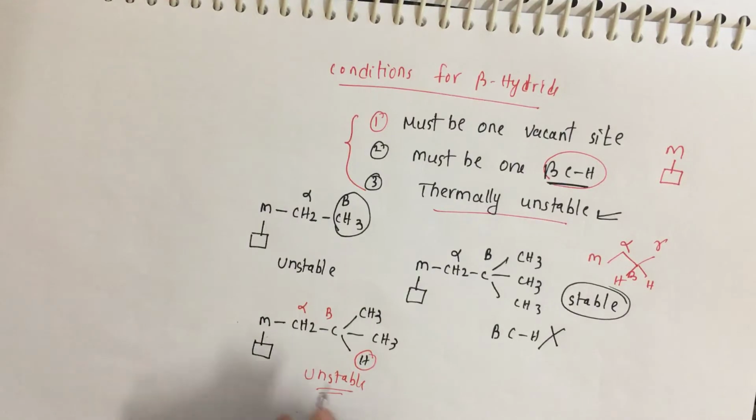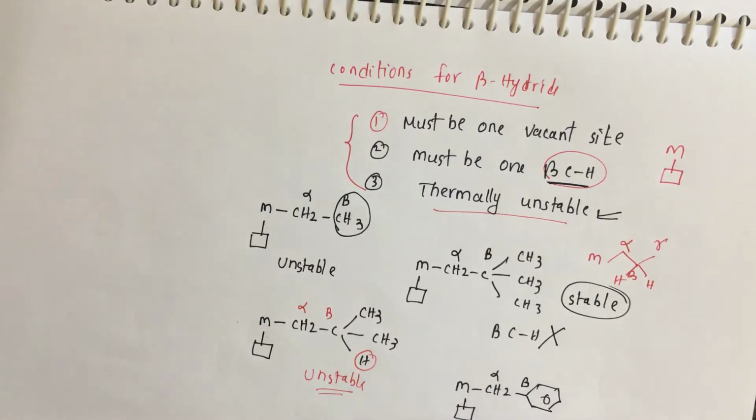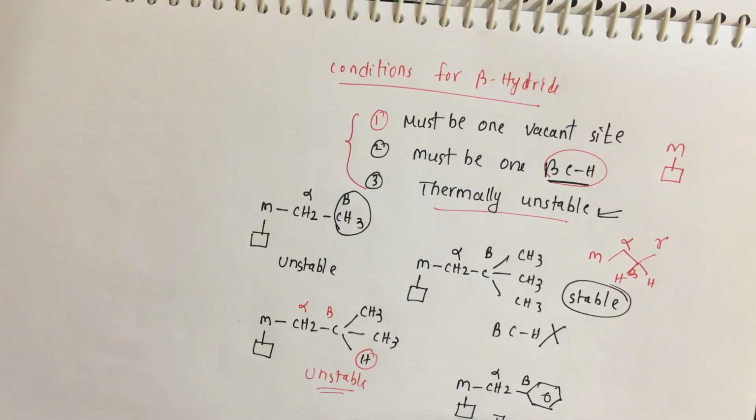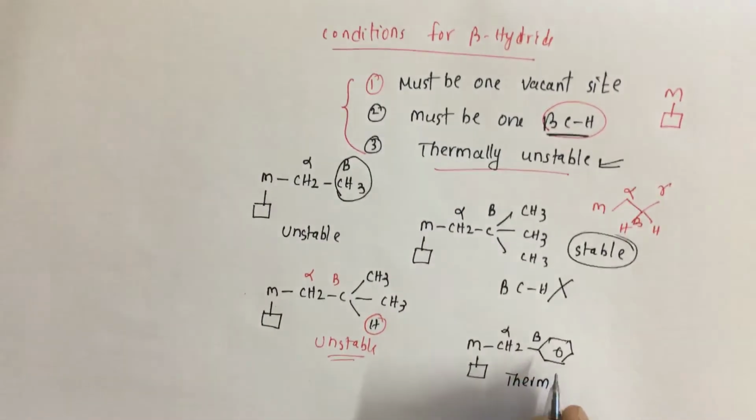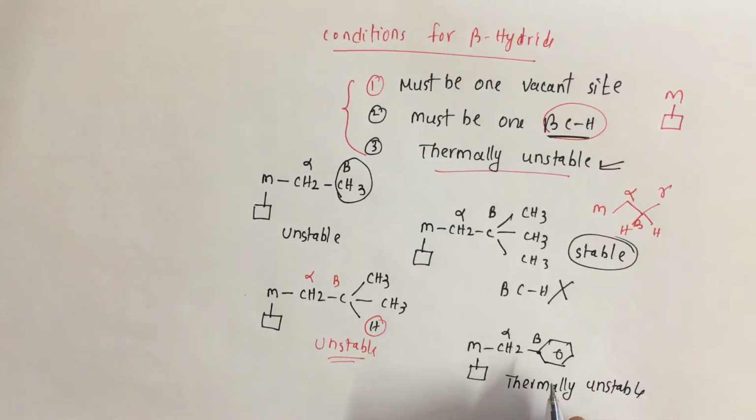Okay, and where we have this kind of compound, this is alpha and this is beta, so this is also thermally unstable. And the next one, due to no beta hydrogen, is stable.